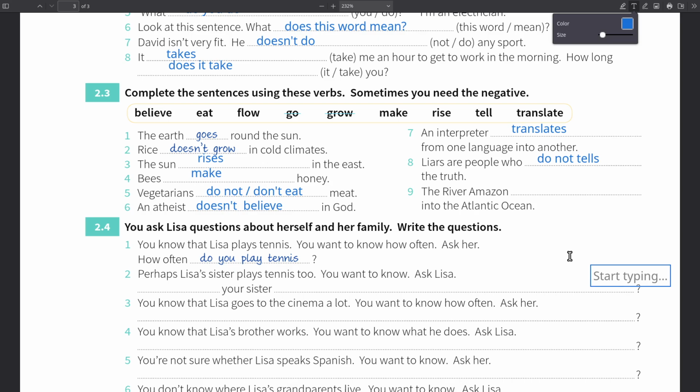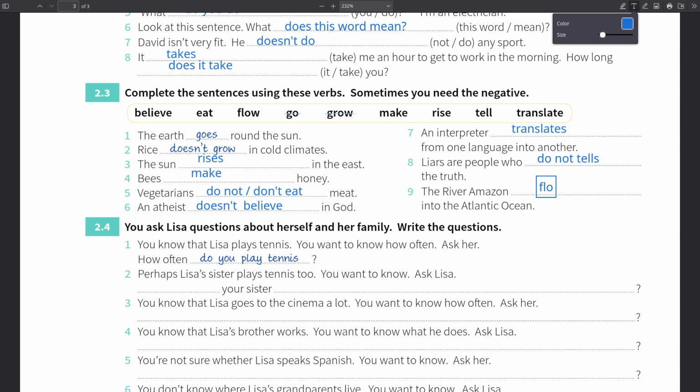The river Amazon, we're talking about things. We're talking about a river, right? And you see we're talking about only one. There is only one river Amazon, there are not two of them. So the river Amazon flows into the Atlantic Ocean, right? In this case, it flows, okay?